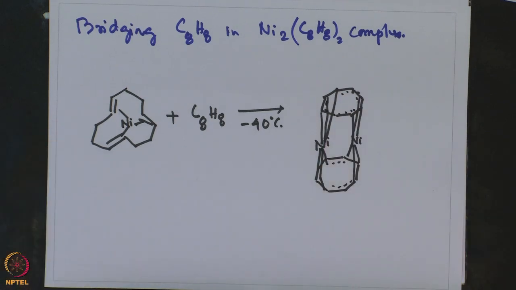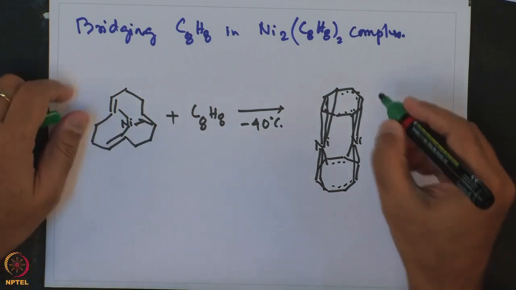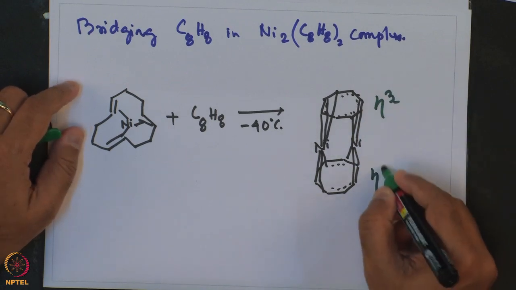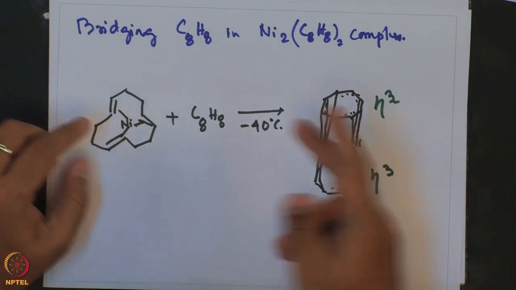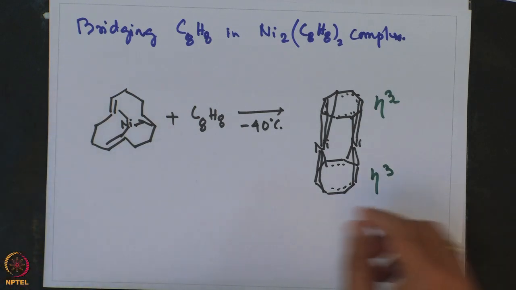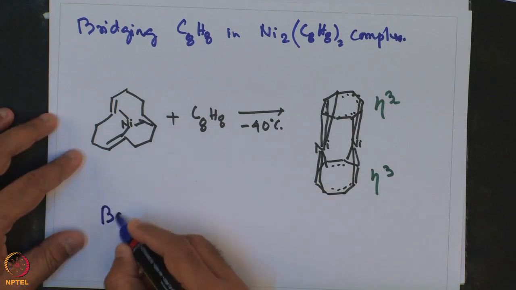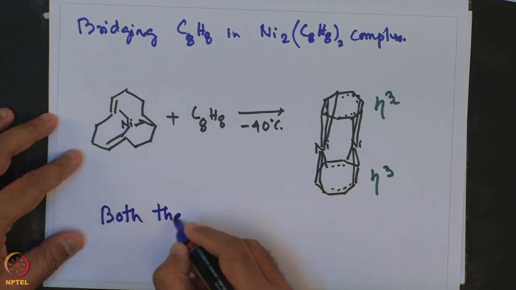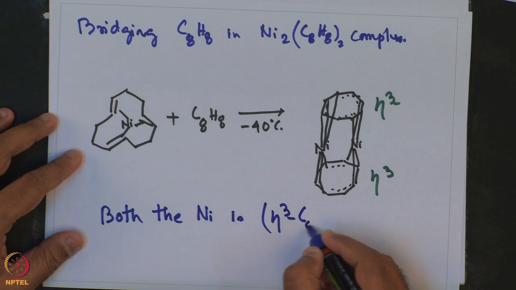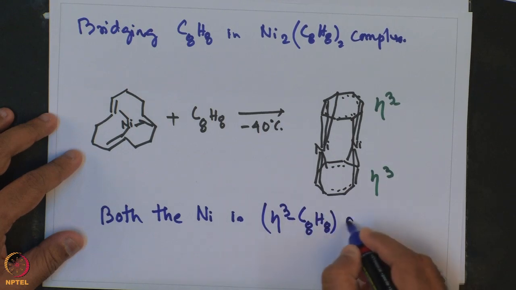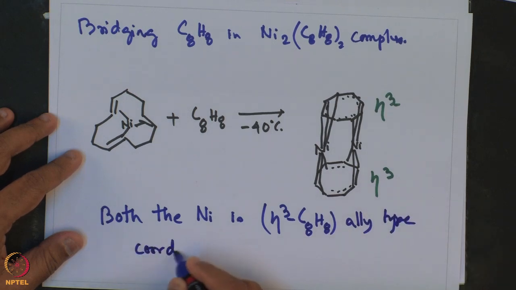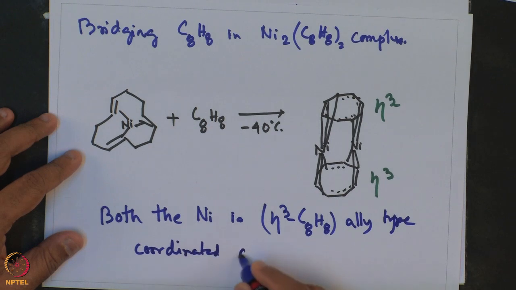So, the interesting thing is that both of the nickel centers are bound in an eta 3 fashion, and the C8H8 ligand is acting as a bridging ligand supporting a dinuclear structure. So, both the nickels are eta 3 allyl type coordinated complex.